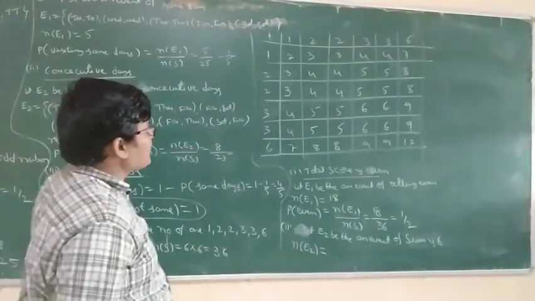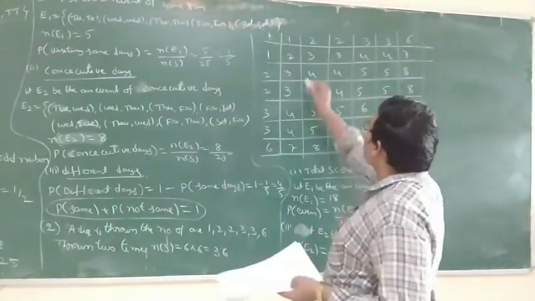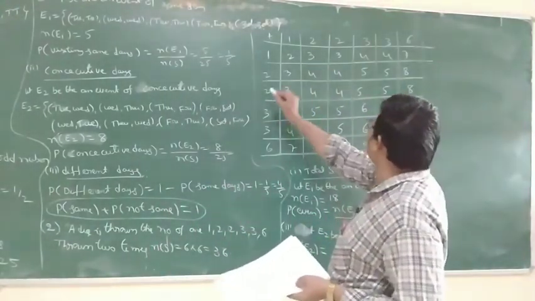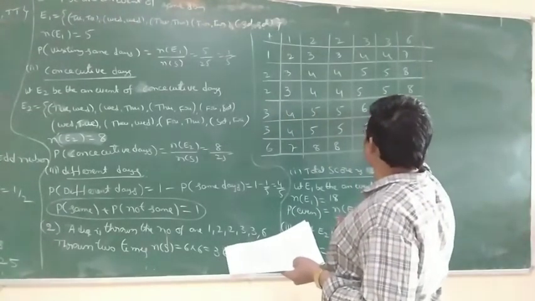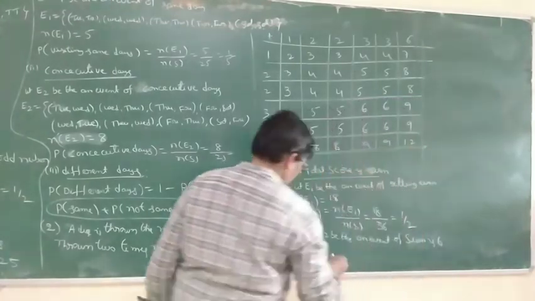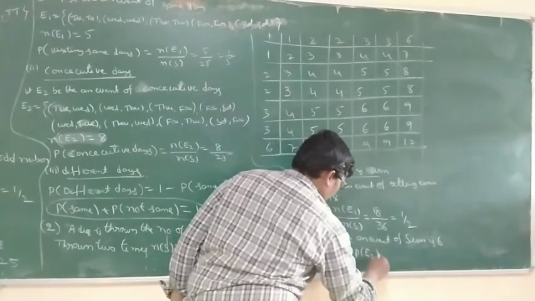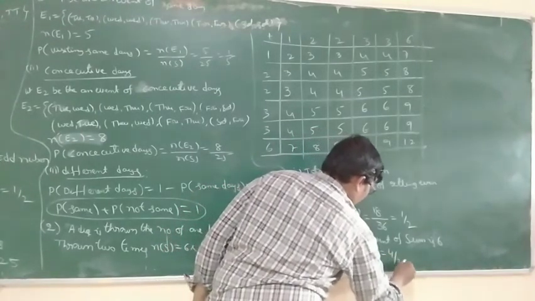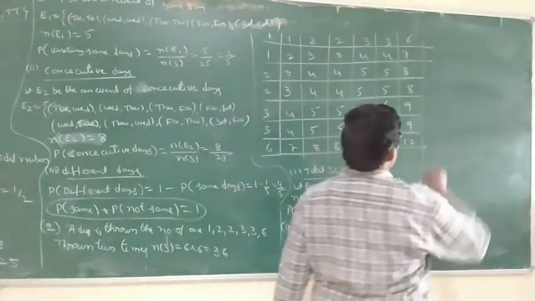Let E2 be the event that the sum is exactly 6. In the first row no 6, second row, third row, fourth row, and how many 6? 1, 2, 3, 4. So probability of E2 is equal to 4 by 36 is equal to 1 by 9.